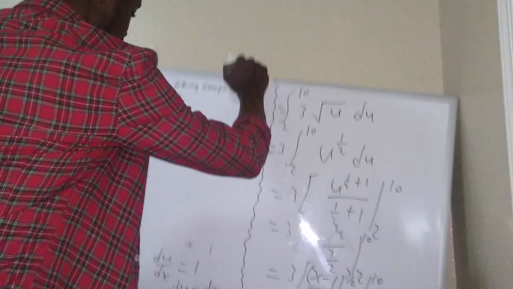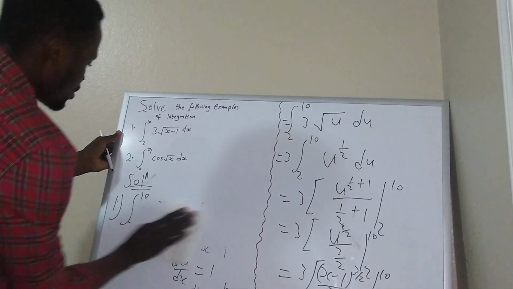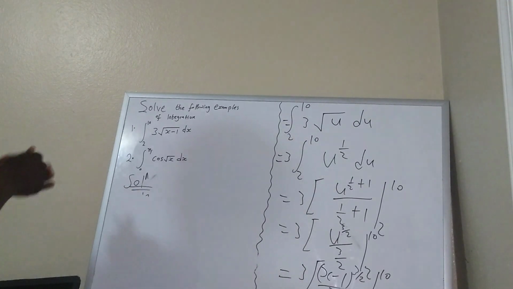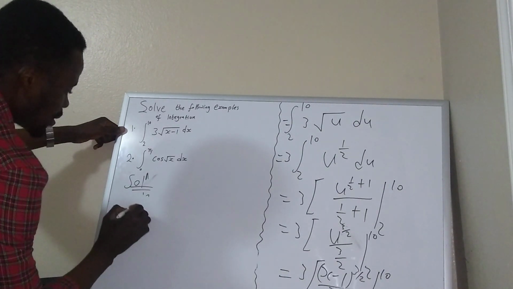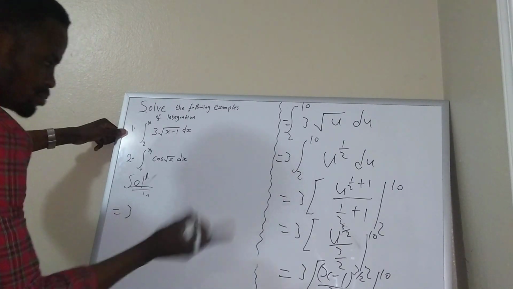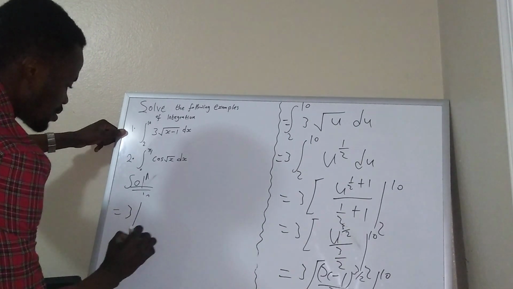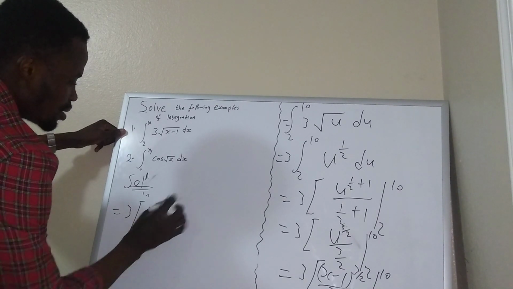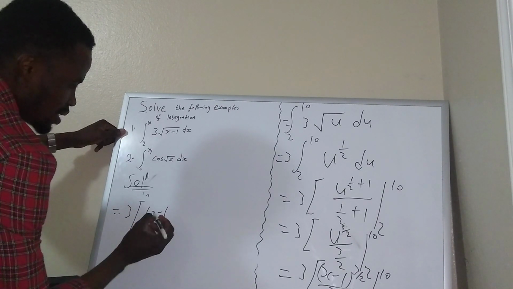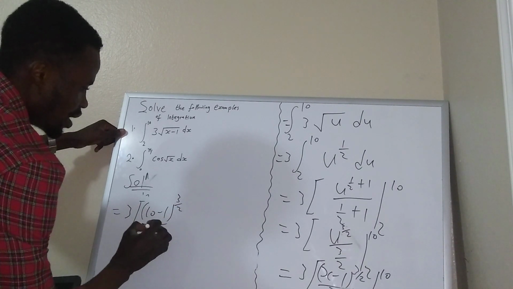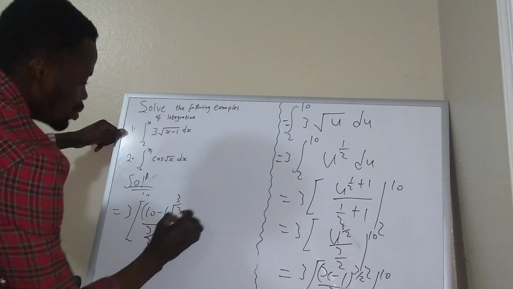So let's come to this side. You're going to get 3. Then when you put in the limit, you're going to get 10 minus 1, to the power 3 on 2, all divided by 3 on 2.